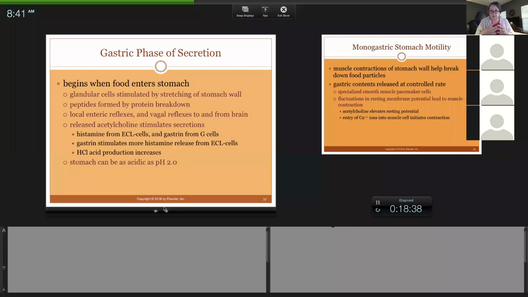Because the stomach is starting to stretch, they're going to get enteric reflexes, vagal reflexes. If you remember when we talked about the nervous system, I talked about the vagus nerve, which goes down the trunk of the animal. It goes from the brain through the neck to the stomach.